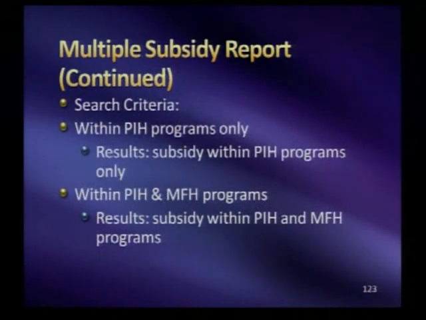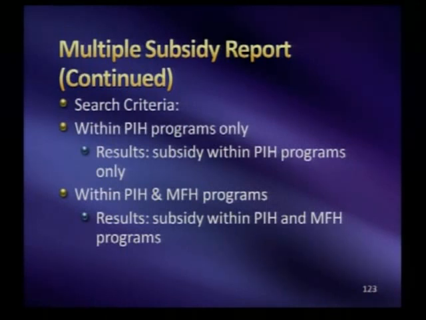Then you have search criteria within either the PIH program, and we are going to be modifying the multiple subsidy search feature, because right now if you search by PIH programs only, it's going to show you hits only within PIH. So basically that's going to show you somebody who's either got two public housing units or a public housing unit and a voucher.